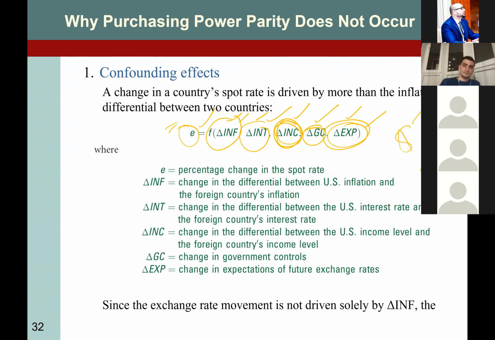If Biden will win, there's some kind of positivity. And then when the result was announced, you see the dollar going upward, appreciating, because expectations also play a role in exchange rate, right?